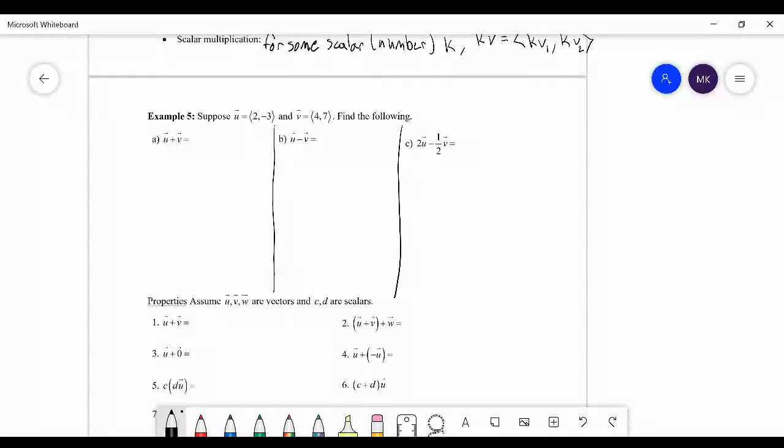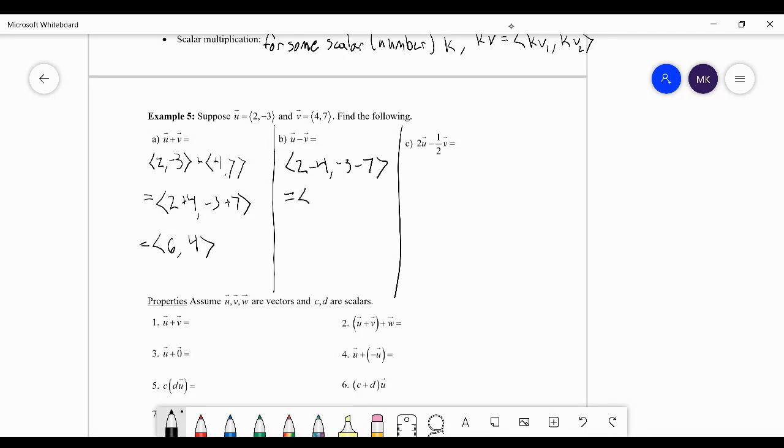So u plus v is 2, -3 plus 4, 7, which is just 2 plus 4, -3 plus 7. And so we end up with the result 6, 4. u minus v is just going to give us 2 minus 4, -3 minus 7, which gives us the vector -2, -10.